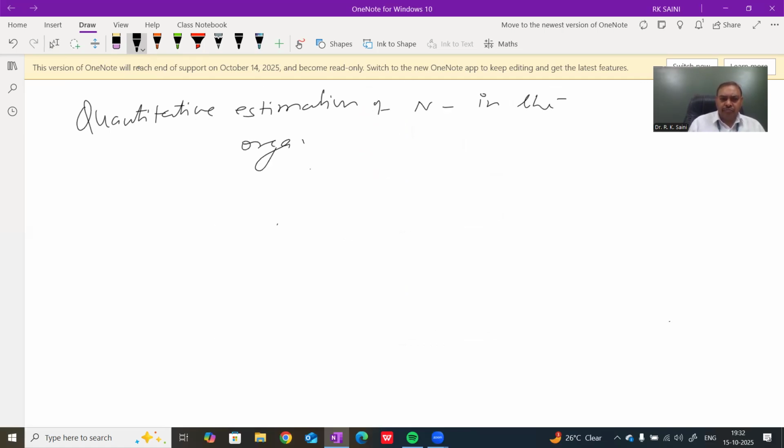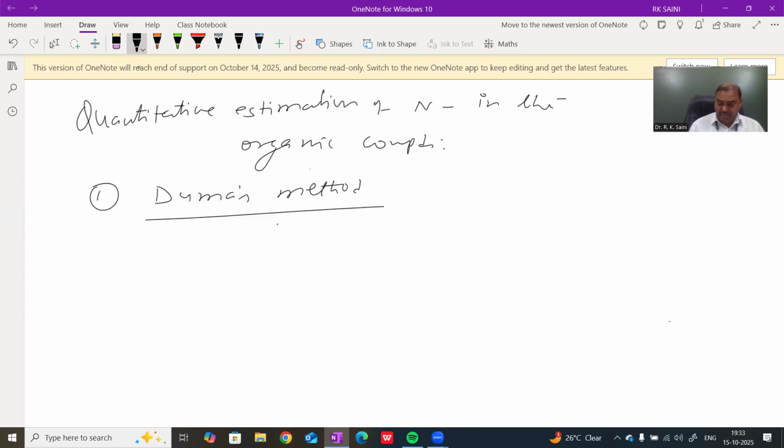There are two methods for quantitative estimation, namely the Duma method and the Kjeldahl method. First, we discuss the Duma method and its concept: the organic compound is strongly heated with cupric oxide.